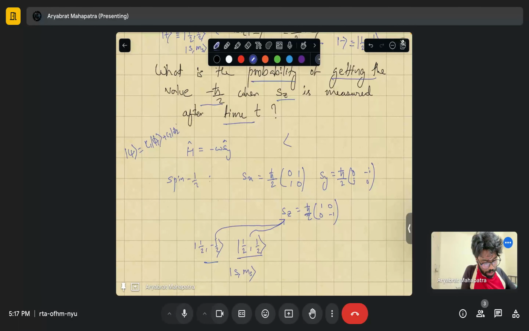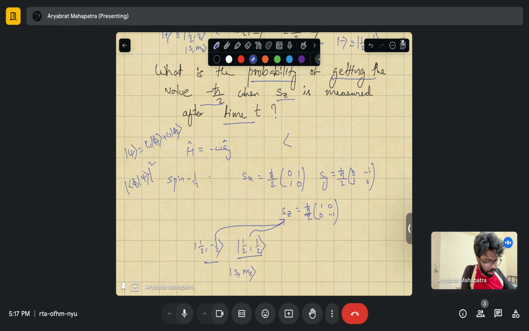I want to calculate the probability of getting phi 1, or some eigenvalue corresponding to phi 1. Then that probability is calculated by taking the inner product of phi 1 with psi and taking the modulus square.